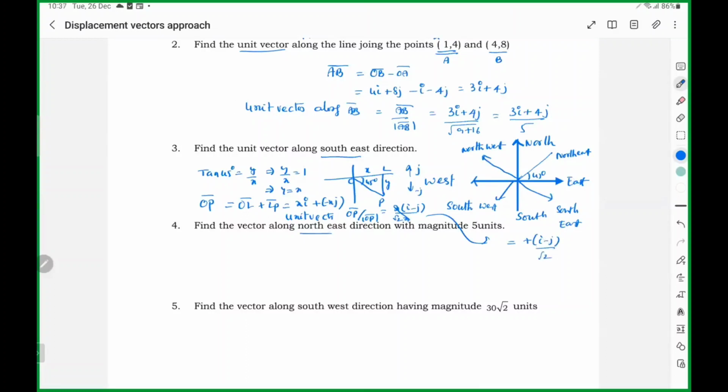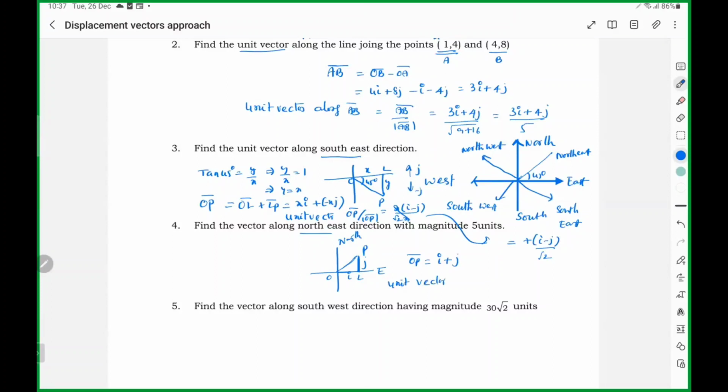Northeast means it is east, it is north. So let us take one vector, because at 45 degrees this and this will be equal. OP bar will be i plus j. It is not a unit vector because its magnitude is root of 1 square plus 1 square, root 2.